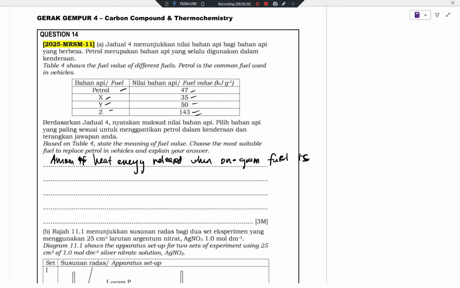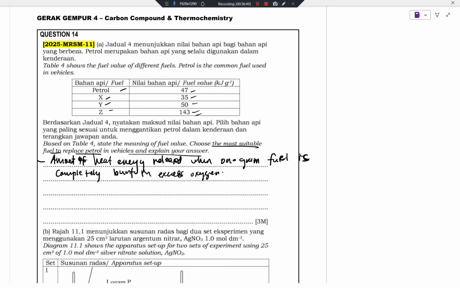Same like heat of combustion, but கொஞ்சம் கொஞ்சம் மாற்றும். 1 gram of fuel is completely burned in excess oxygen.